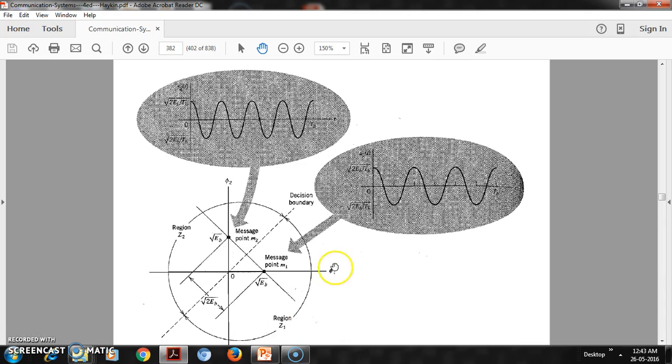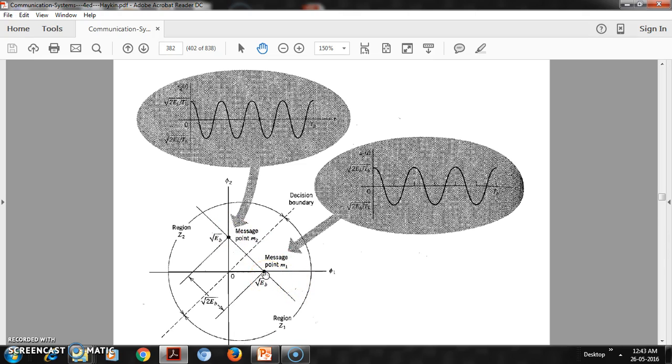So this is the constellation diagram for BFSK. Here we have two variables, two correlator outputs, x1 and x2. So if we want to find the probability of error, we need to consider both these variables, whether x1 is greater than x2 or less than x2. Corresponding to that, we decide in favor of symbol 1 or symbol 0.